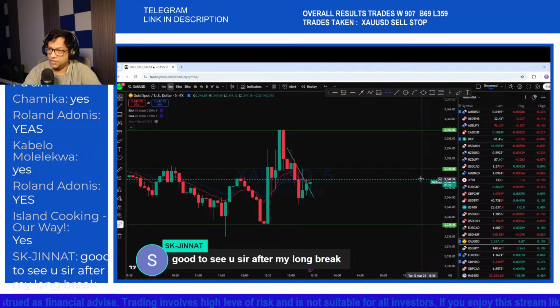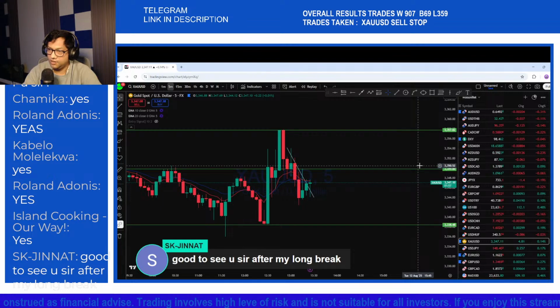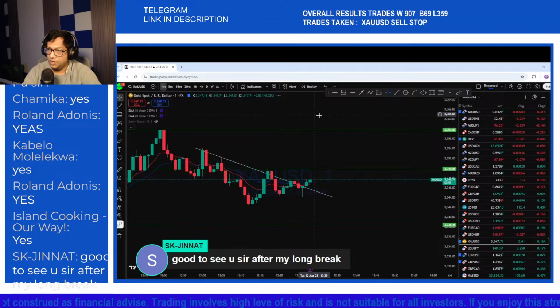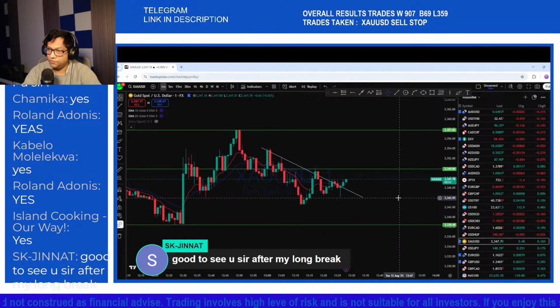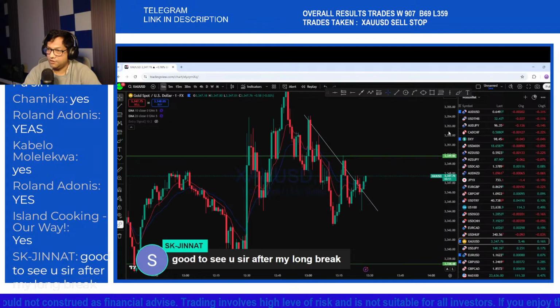We see that the price is slowly pushing back here to that liquidity zone, and with this pin bar is pushing back here.